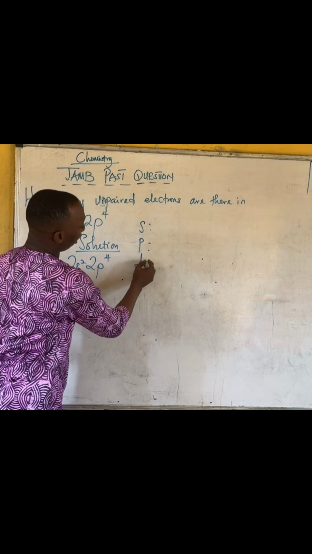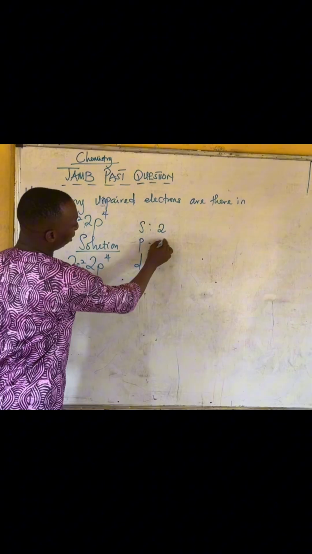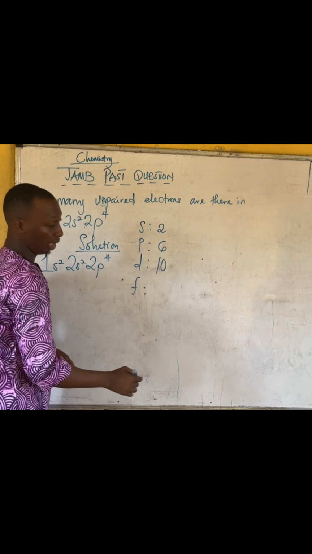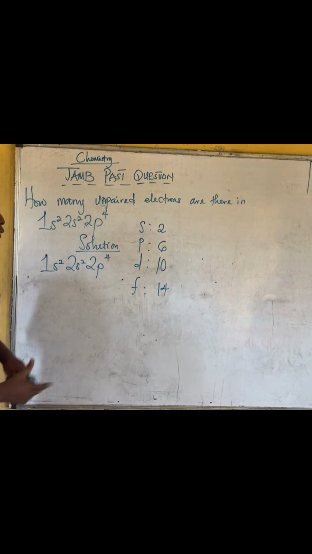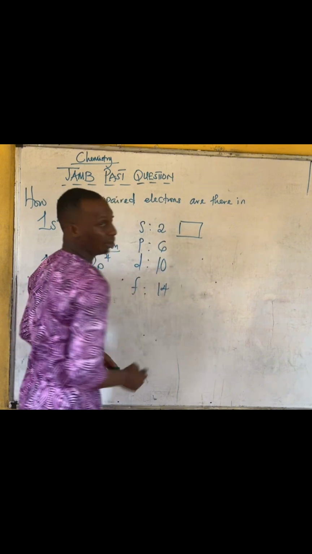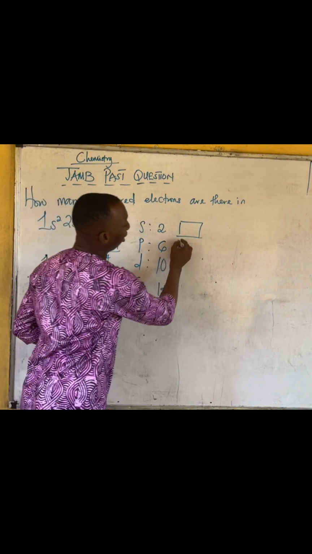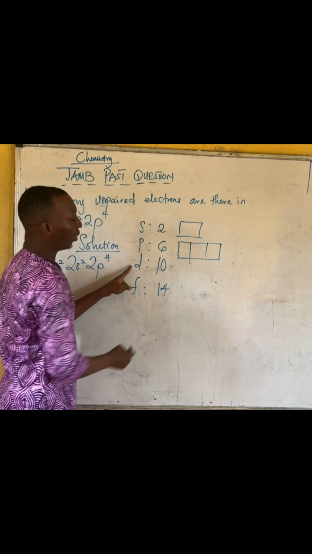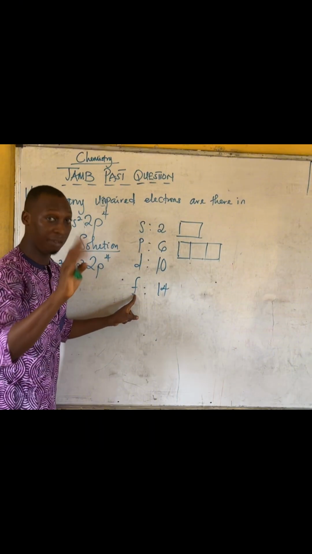The s orbital can take a maximum of 2, p orbital can take a maximum of 6, d can take a maximum of 10, f can take a maximum of 14. You understand? Now from this, the s orbital has one degenerate orbital. The p orbital has 3 degenerate orbitals. The d orbital has 5 degenerate orbitals. The f orbital has 7 degenerate orbitals.